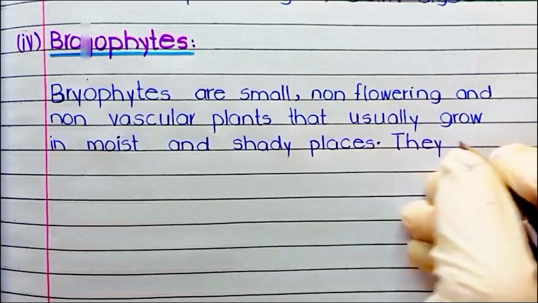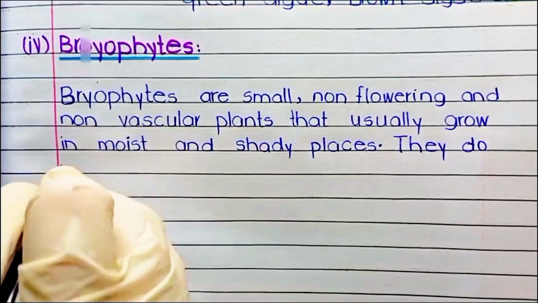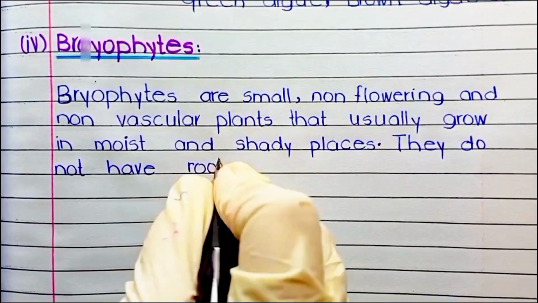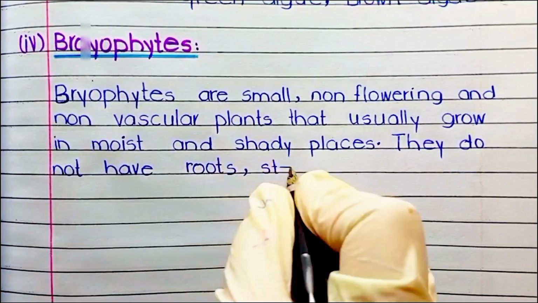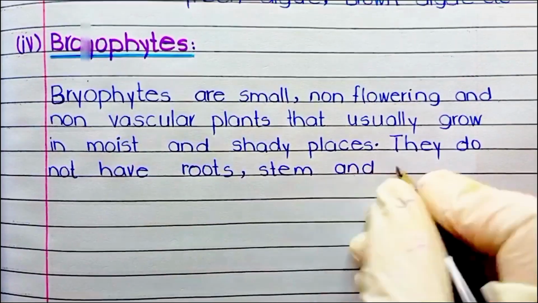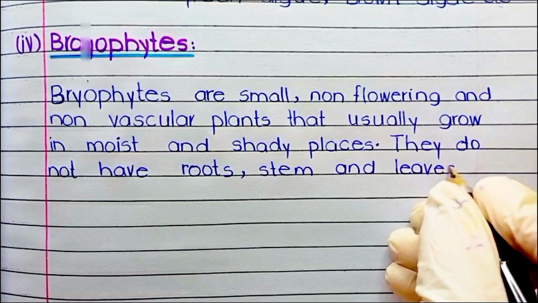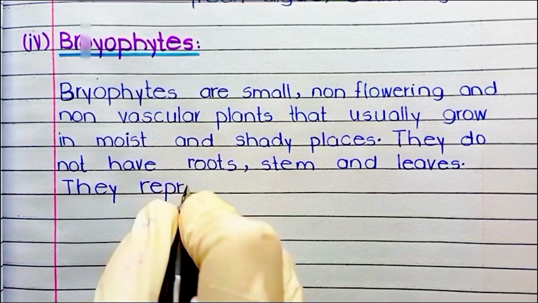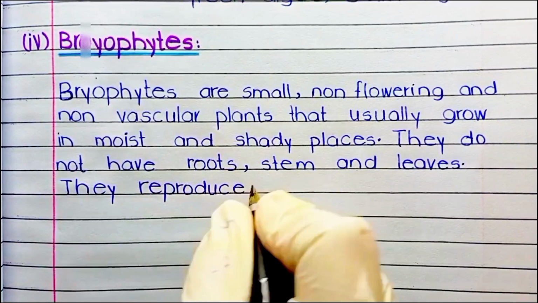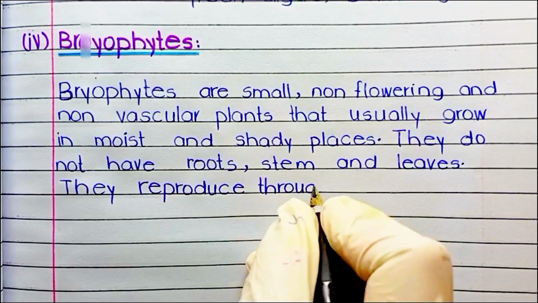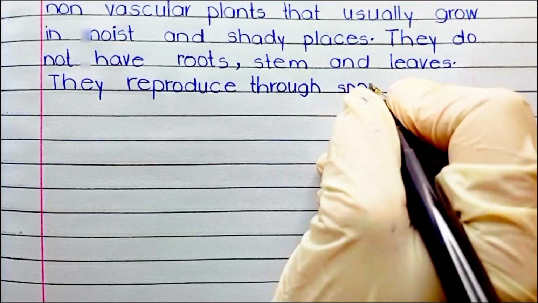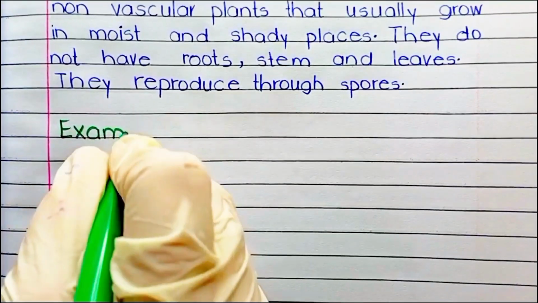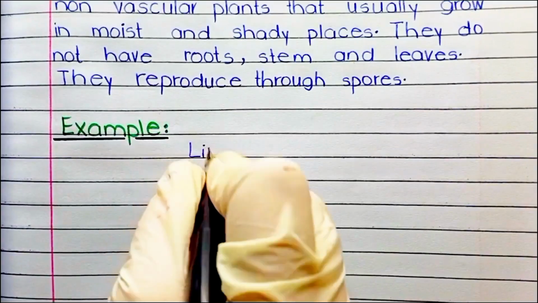They do not have roots, stem, and leaves. They also reproduce through spores. Examples of bryophytes are liverworts.